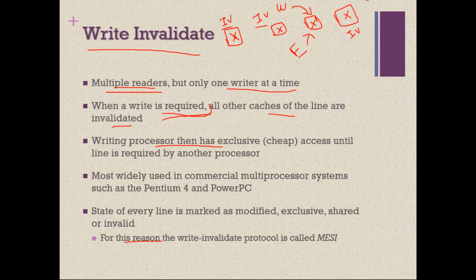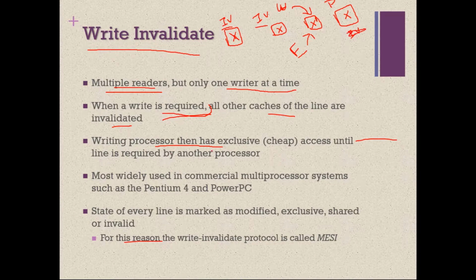Say it is modifying the line, and after modifying, say after 2 or 3 minutes, some other processor asks that it wants X. Now that processor can access X because it is already modified and no more writing is going on. Now maybe it is a read, so again both of them can share. So that's what it means.